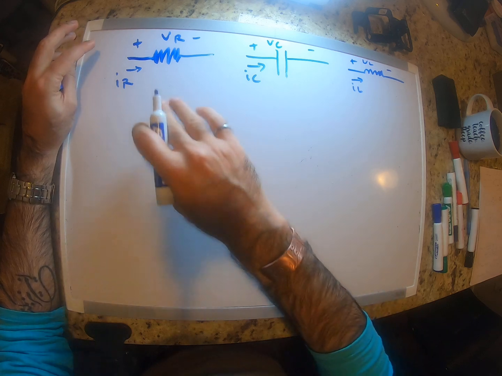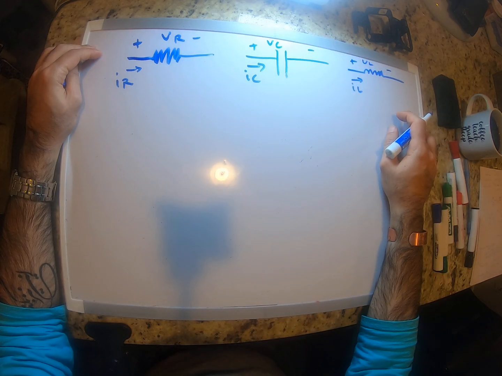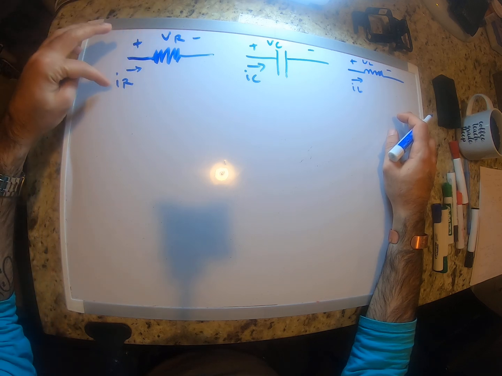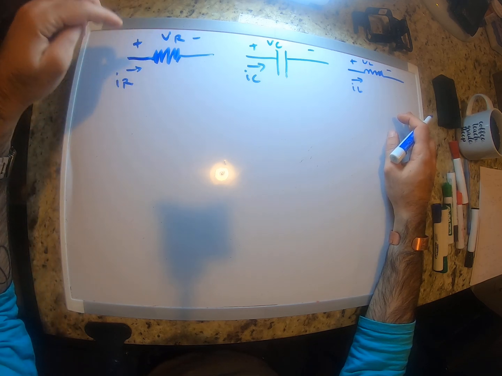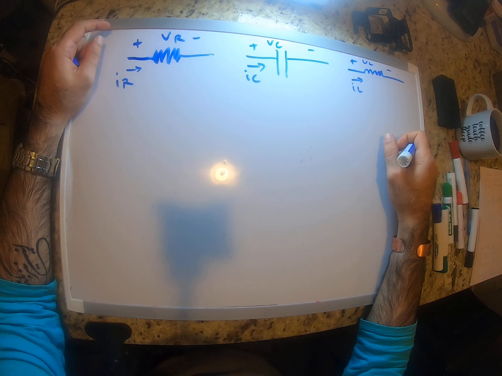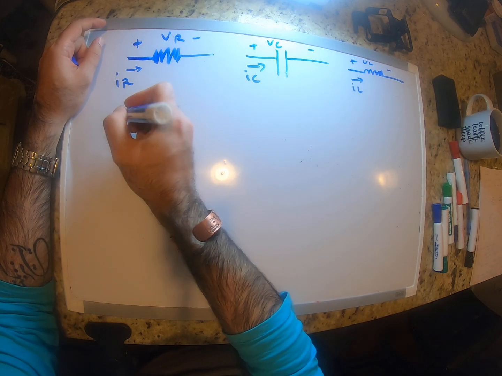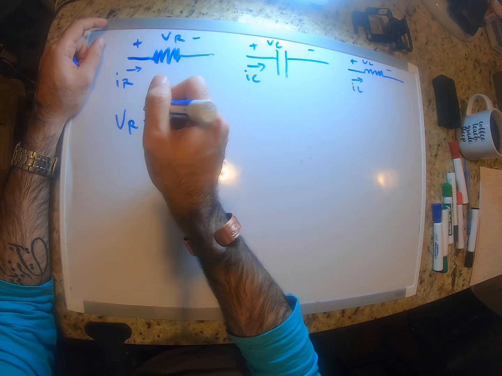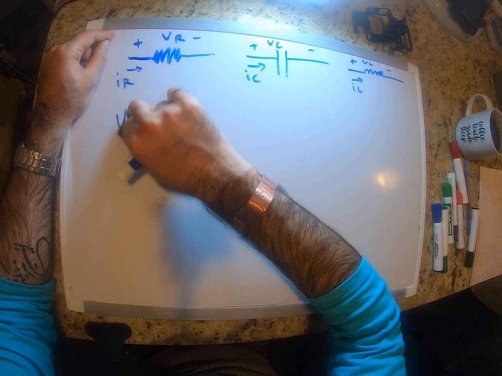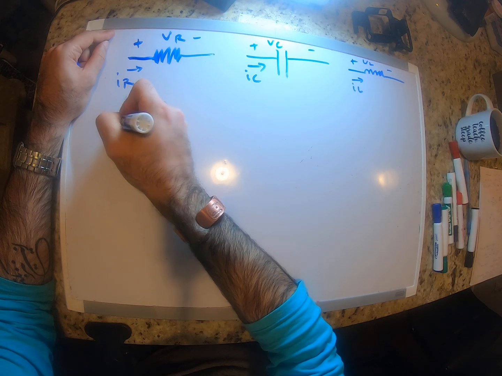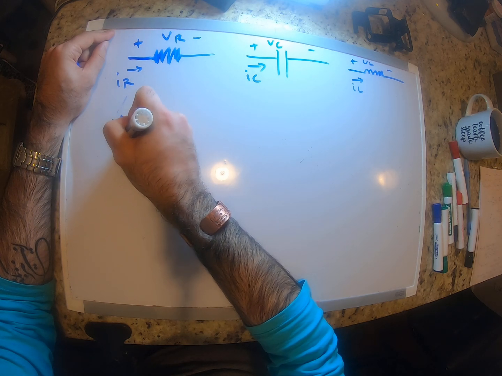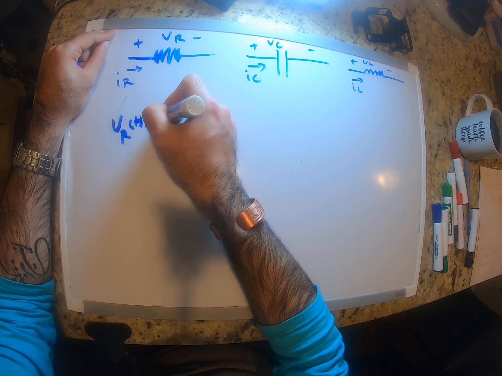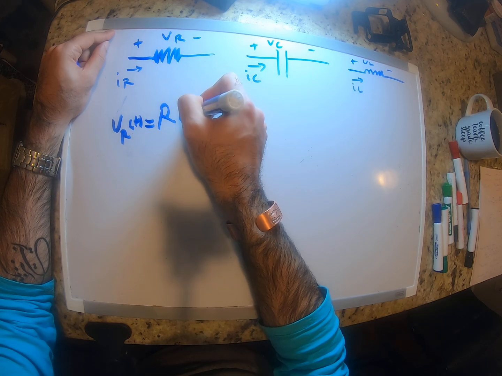For each of these three elements, we want to find the relationship between V and I, the voltage and the current that goes through these elements. For the resistor, it's very simple. It's Ohm's law. Let me do this in the time domain: V_R of t is equal to R times I_R of t.